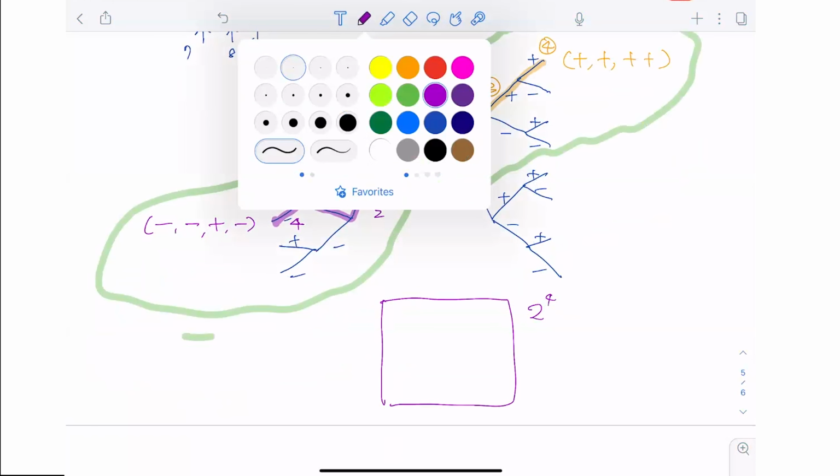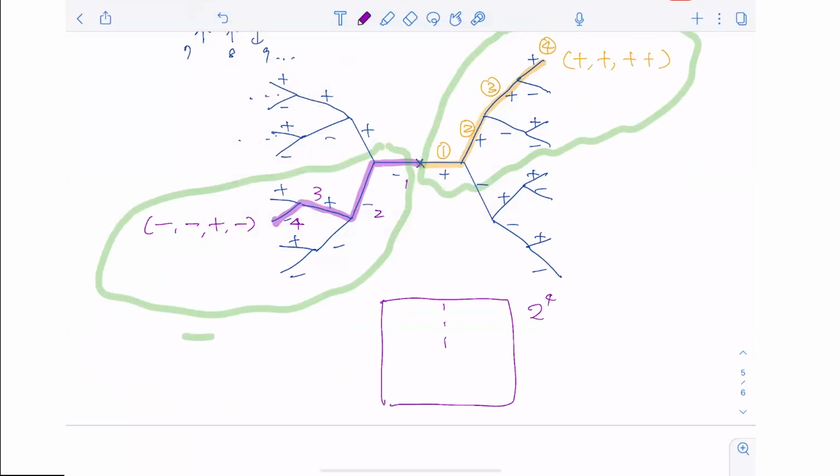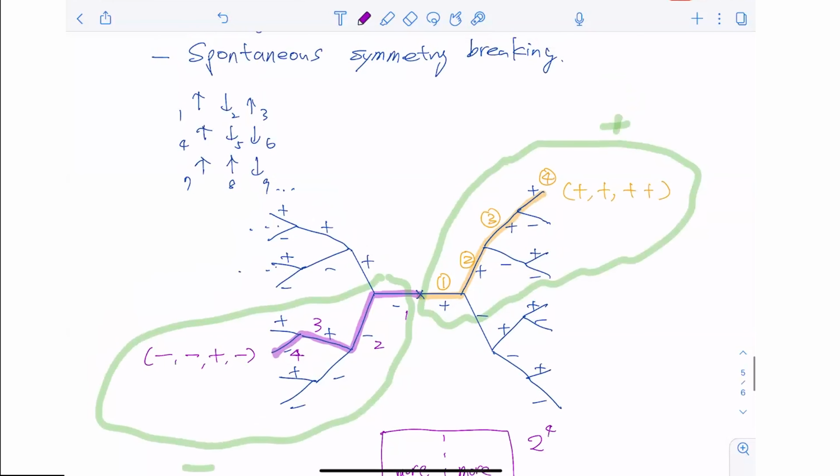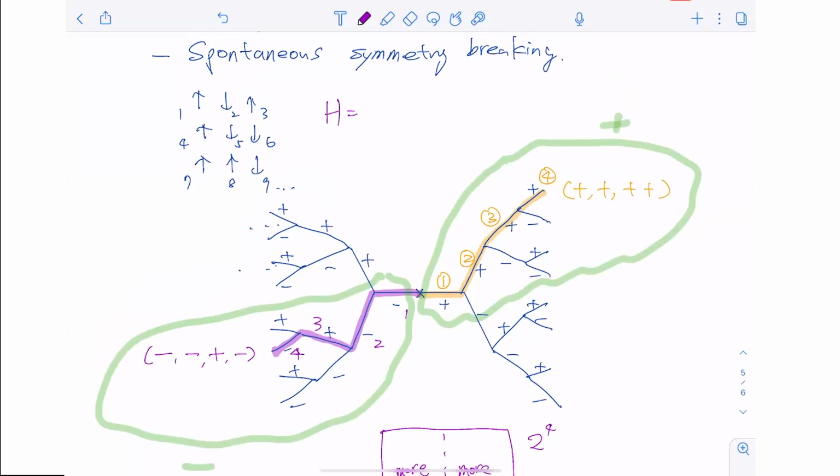You can think of it as if you have divided your possible configurations, or your phase space, into 2 pieces. One is with more plus, and the other is with more minus. So what is the spontaneous symmetry breaking or ergodicity breaking in this scenario? For the model called the Ising model, one of the typical models, the spins just have a product interaction with each other.